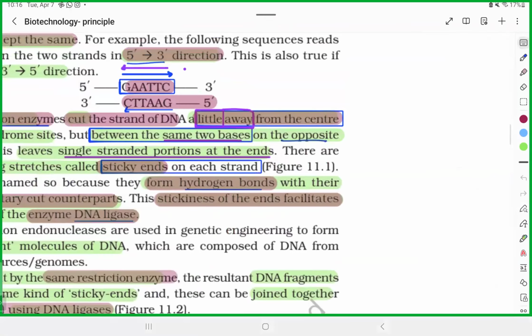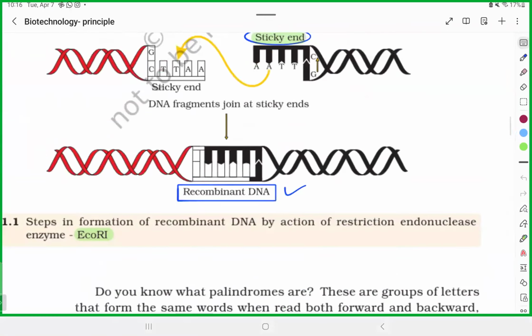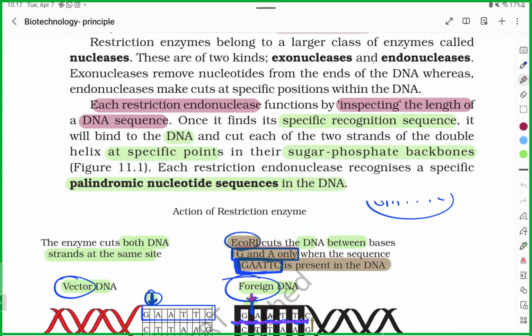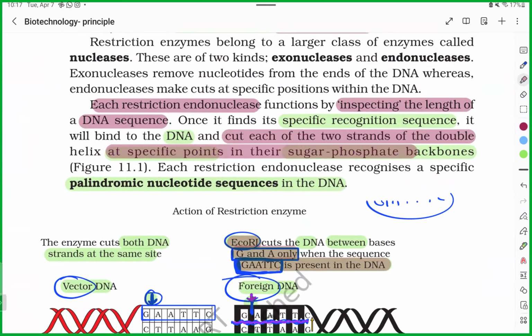Look at this. Once it finds the specific sequence, it will bind to DNA and cut two strands of the double helix at a specific point in the backbone, not the hydrogen bond. It will cut the backbone between G and A. So the fourth is also wrong.